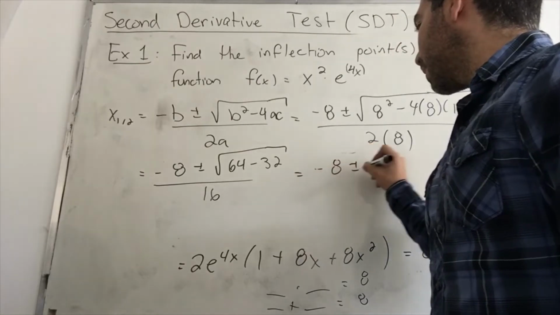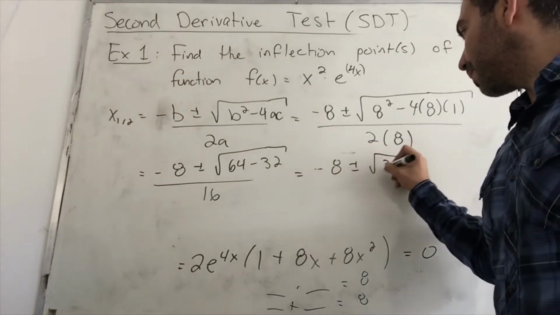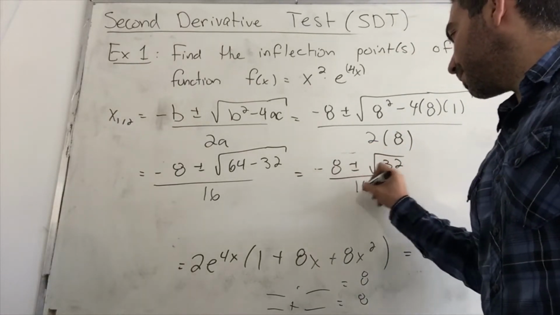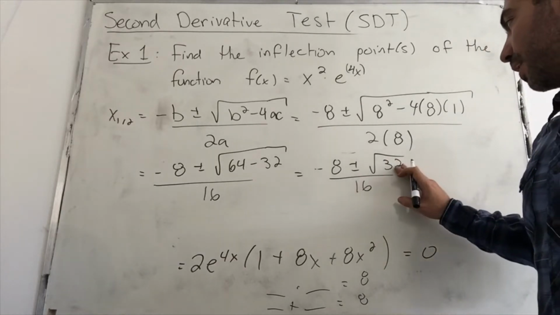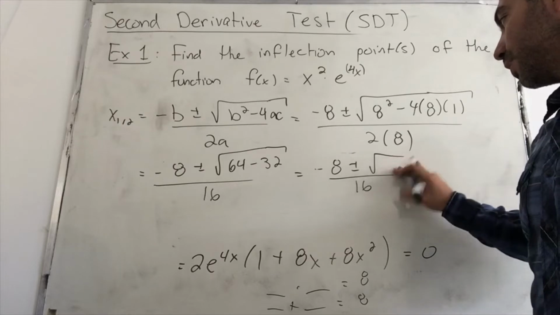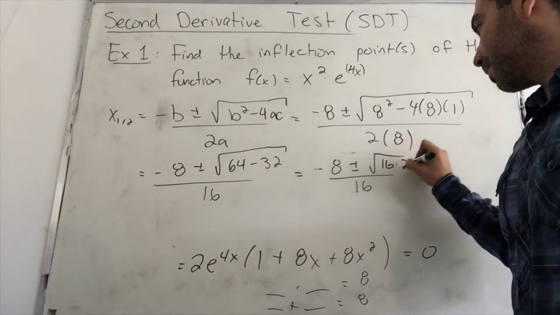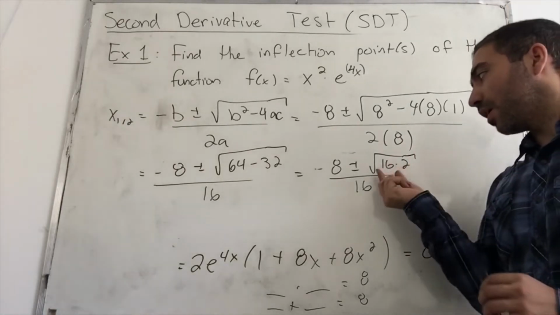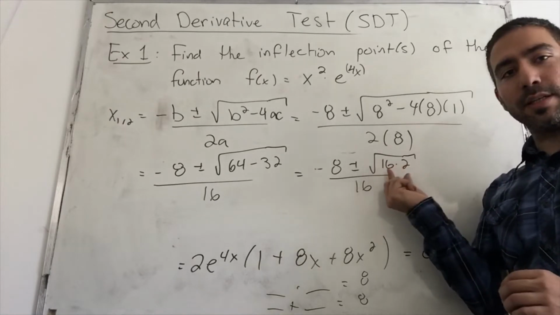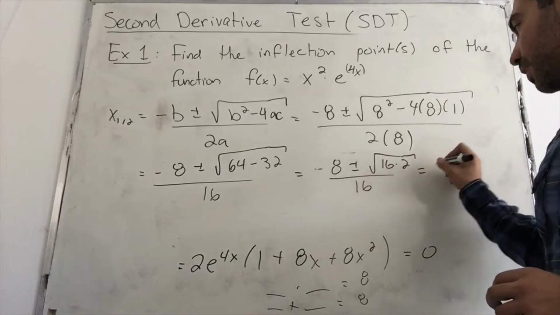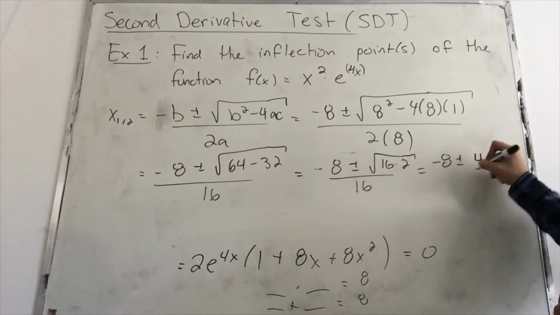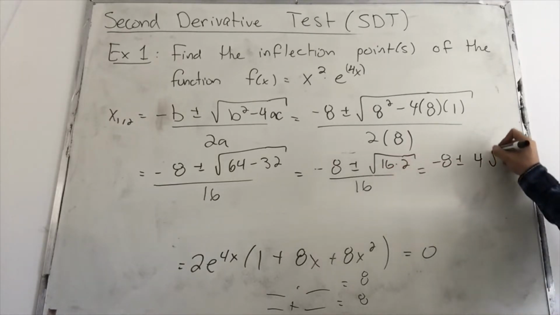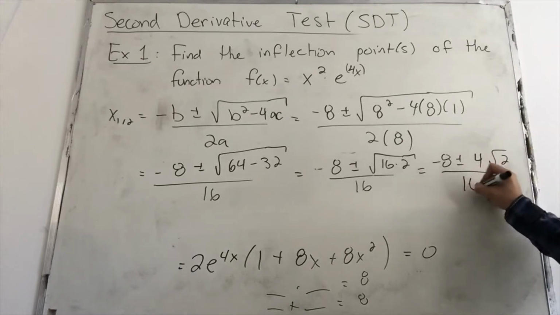Minus 8 plus or minus the square root of 32 over 16. 32 could be written as 16 times 2. And now we can take the square root of 16 and leave out the 2. So this is really negative 8 plus or minus the square root of 16 is 4. The 2 is still trapped inside the root, so we get 4 root 2 over 16.